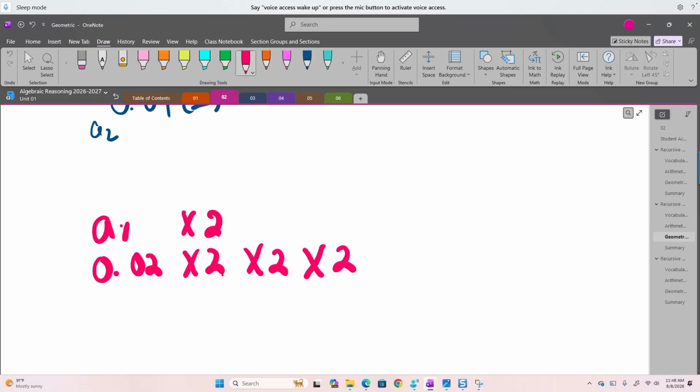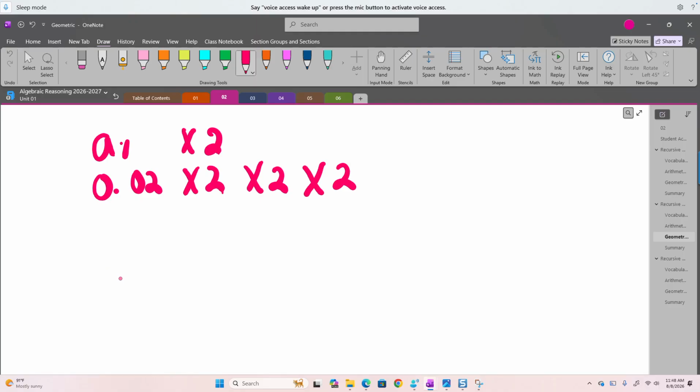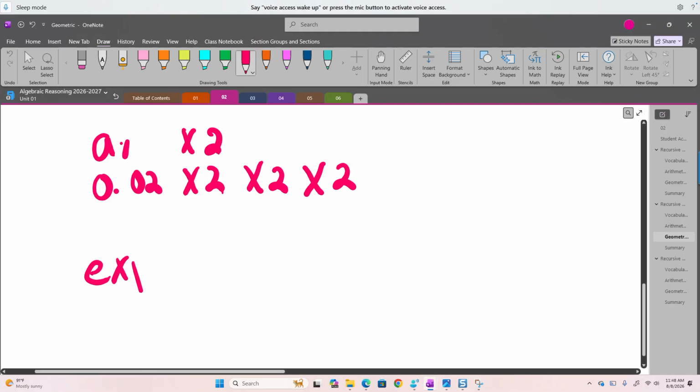So this is an exponential function, and in exponential functions, whatever we are repeatedly multiplying by is going to be our base. So we're going to have our explicit rule.